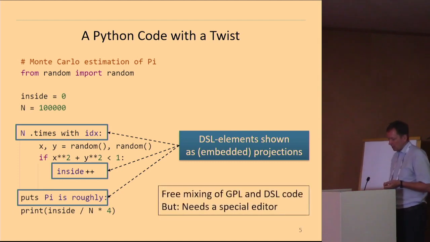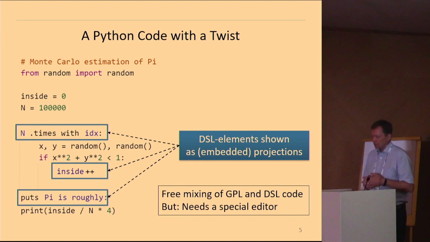So in this system of virtual DSLs, we have a system which allows free mixing of GPL and DSL code. But there is, of course, a trade-off, and the trade-off here is that it needs a special editor. It needs a hybrid editor.